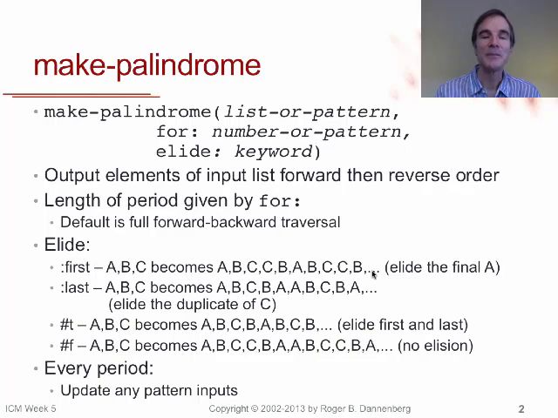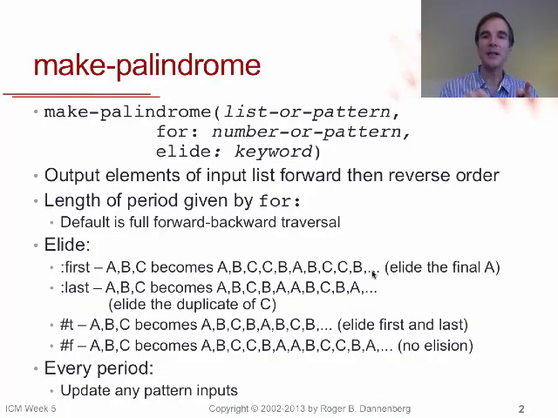There's also an interesting parameter about choices of how to do a palindrome. If you want to repeat the elements on the end, then an input pattern like ABC would go ABC and then CBA, ABC, CBA. But you might not want to repeat the element on the list.